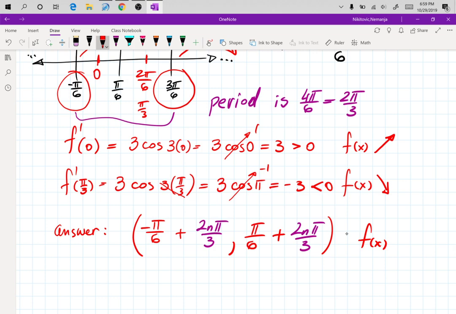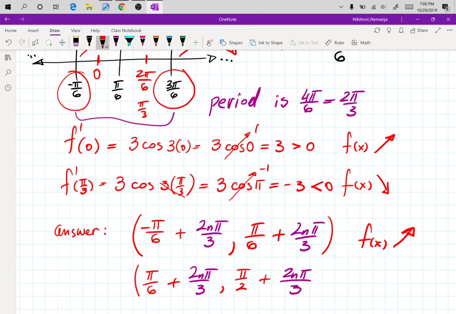F of x is increasing. And then you start at pi over 6 plus 2n pi over 3, comma, 3 pi over 6, that's pi over 2. I'll use the simplified version here. So pi over 2 plus 2n pi over 3.